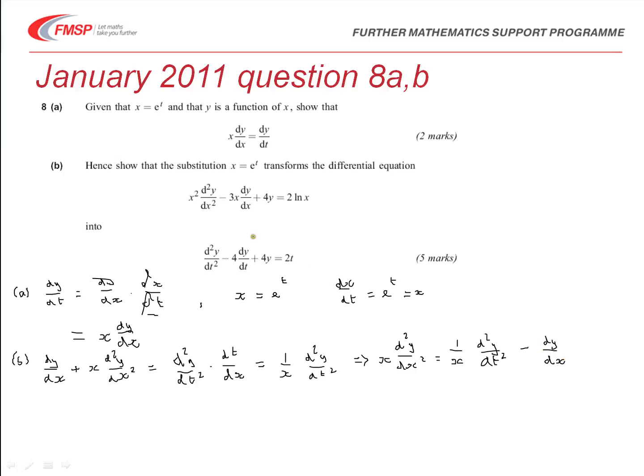Now in what we're substituting, it is x squared d2y by dx squared, so now if I multiply through, I get x squared, that cancels out, and then I get x times dy by dx. But I know that x times dy by dx is actually the same as dy by dt.